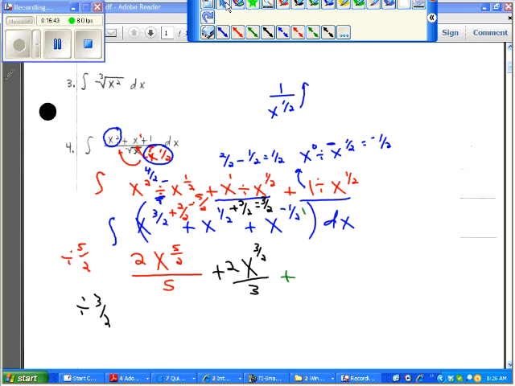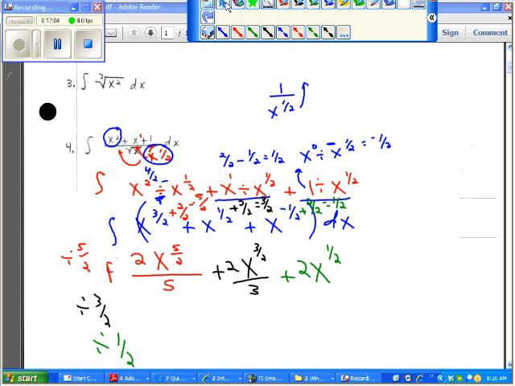And then plus, we're going to add 1 to the exponent. Negative 1/2 plus 2 halves is positive 1/2. We're going to have x to the positive 1/2. And then we're going to divide by that 1/2, which is the same as multiplying by the reciprocal 2.